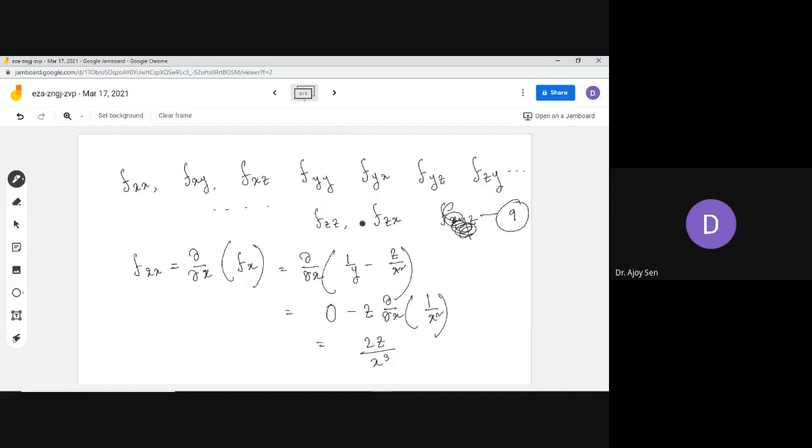So I have shown you, and I think you will be comfortable while doing the problems in your exercise. There will be a lot of questions they will ask. They will ask you to do some inequality, where you have to find out those derivatives, apply those things and prove something.